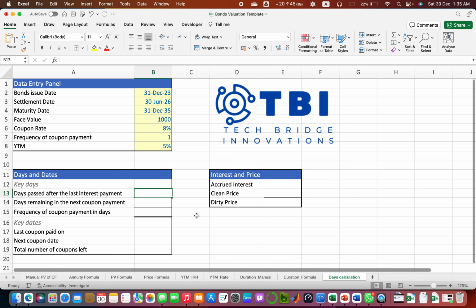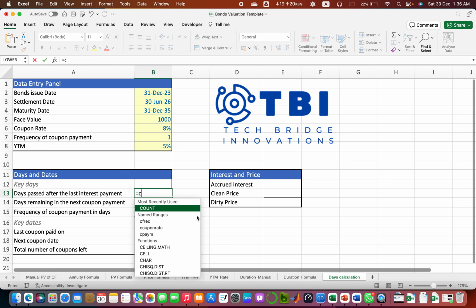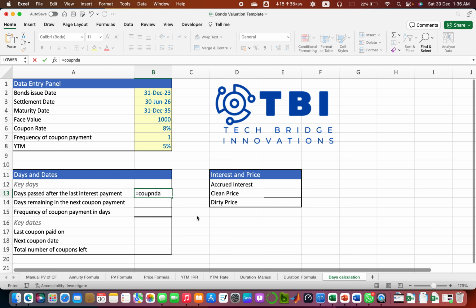Now key dates. So how many days have passed since the last payment has been made? The formula for that is equal COUPDAYBS.